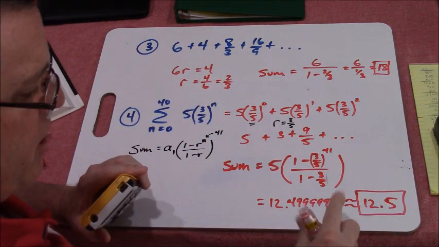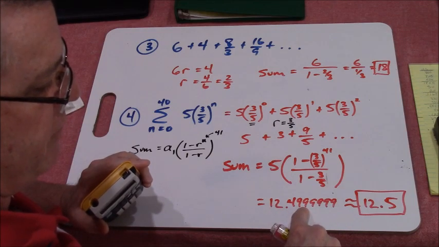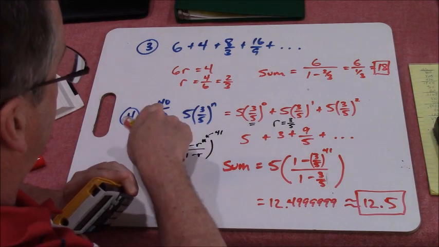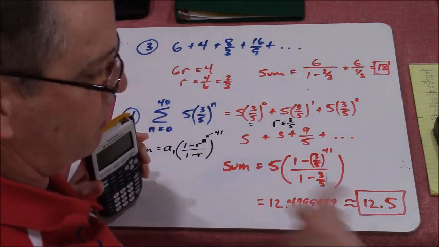So I have a feeling if this would have gone on to infinity, yes, I would have gotten 12.5. Since I only went 41 terms in, I guess that means I'm getting really close to 12.5.